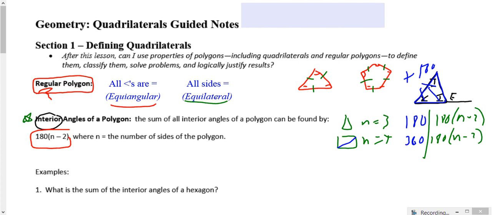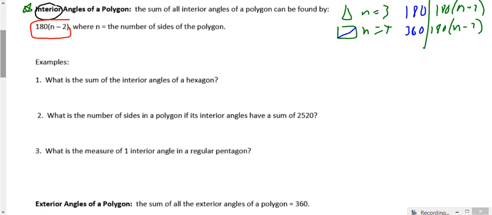So let's try a couple of those. We have a question that says, what's the sum of the interior angles of a hexagon? Now a hexagon has 6 sides. So we're going to take the number of triangles, each one representing 180 degrees, and we can find how many triangles there are by using this formula.